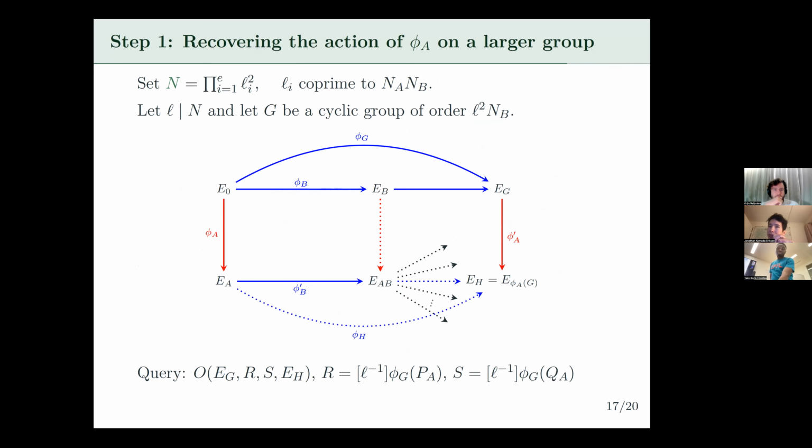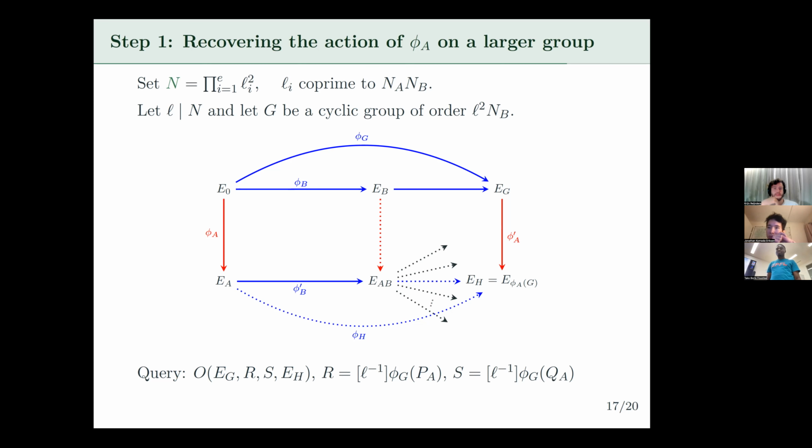No restriction. As long as you are in an SIDH instance, you don't need any restriction, because no matter what NA and NB are, you can always actively get more points or more torsion. Even if you didn't have NB, but you are still in an SIDH, you will create NB yourself: you choose your N, and then recover the action of the secret isogeny on the torsion. So there is no restriction on the size of NA and NB.